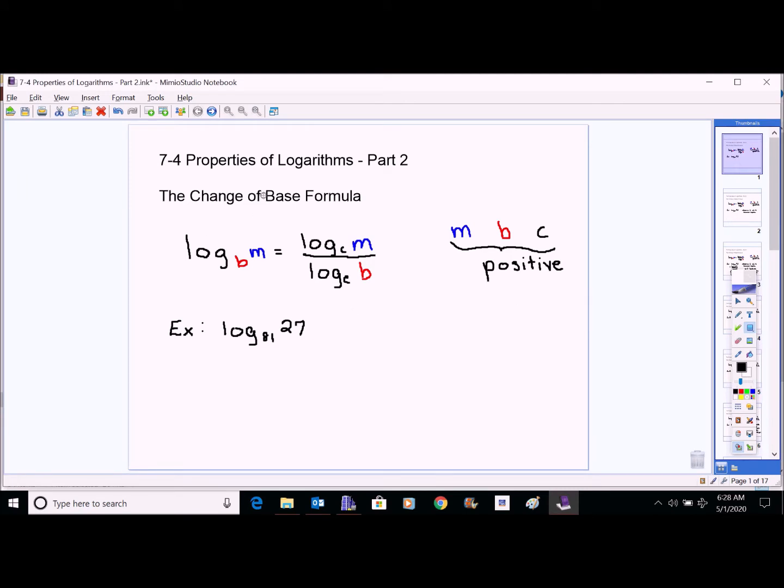We start with the change of base formula, because the change of base formula allows us to make more convenient bases. What you want to consider is what base is going to make more sense with the two numbers 27 and 81, which power might be in common for those two numbers.